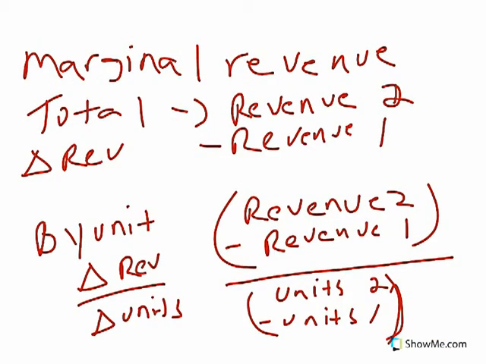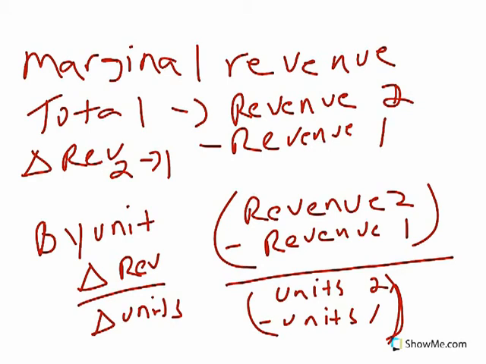Marginal revenue follows a similar methodology, both on a total and on a per unit basis. First, let's look at total marginal revenue, which is basically the change in revenue from option 1 to option 2. It's calculated by taking the total revenue of your second option and subtracting the total revenue from your first option.